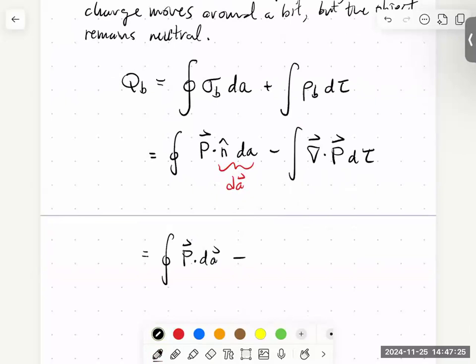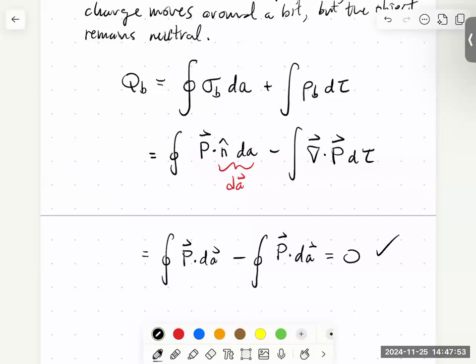What does that remind you of? Divergence theorem, right? So we can take the volume integral of a divergence and write that as the surface integral of P. And of course, these two are exactly the same now, and we end up with 0. That's what we wanted.